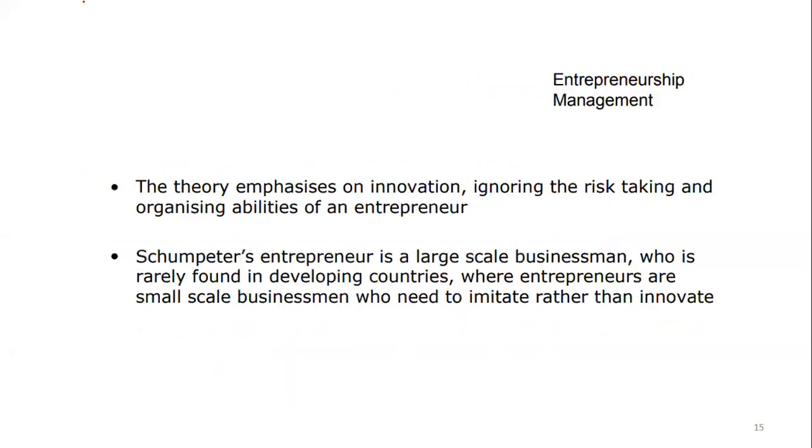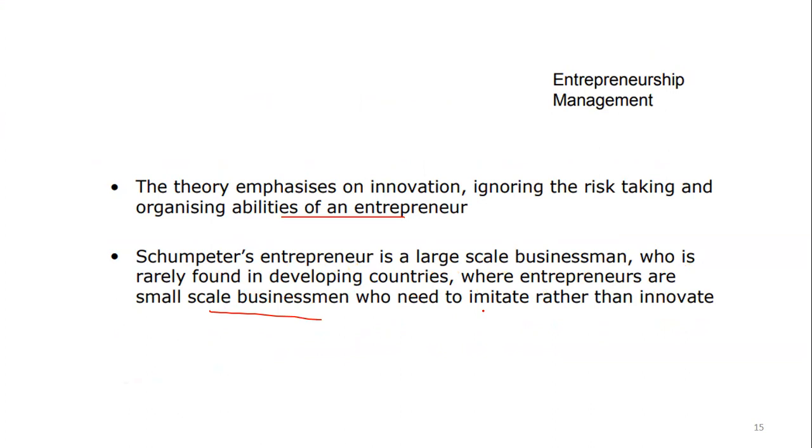So the theory emphasizes innovation, ignoring the risk taking and organizing abilities of an entrepreneur. According to Joseph Schumpeter, the entrepreneur is a large scale businessman who is really found in developing countries, whereas entrepreneurs of small scale business need to imitate rather than to innovate.